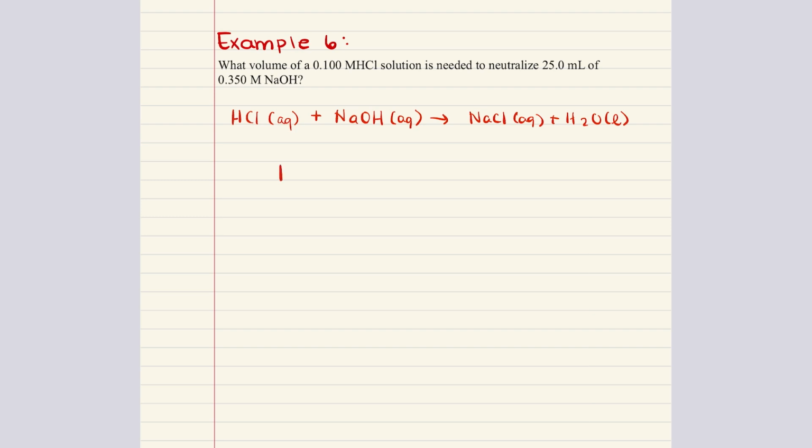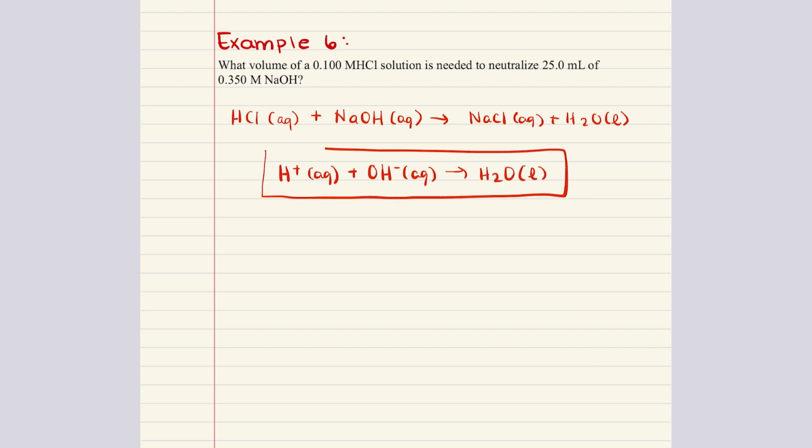It is H plus hydroxide ions gives us liquid water. This is really important because it tells us what's actually reacting in the solution, and it's going to help us solve this problem of the volume of 0.1 molar hydrochloric acid solution that's needed to neutralize our sodium hydroxide solution.